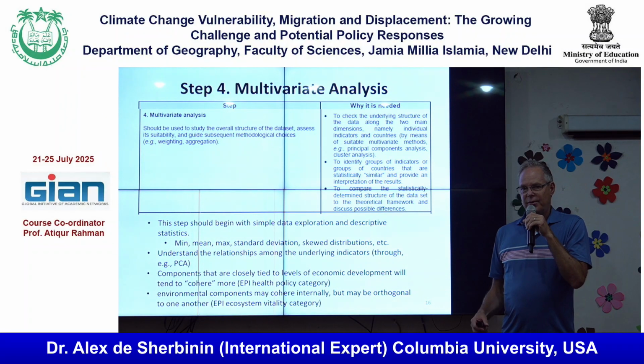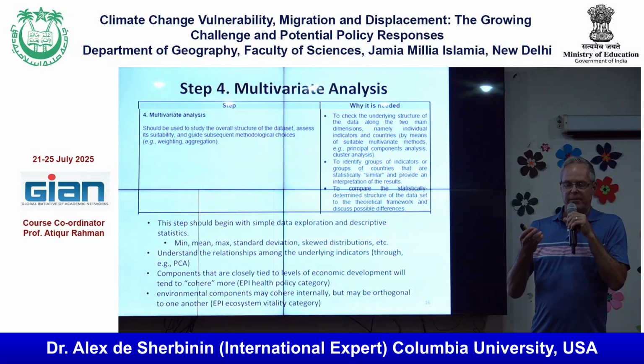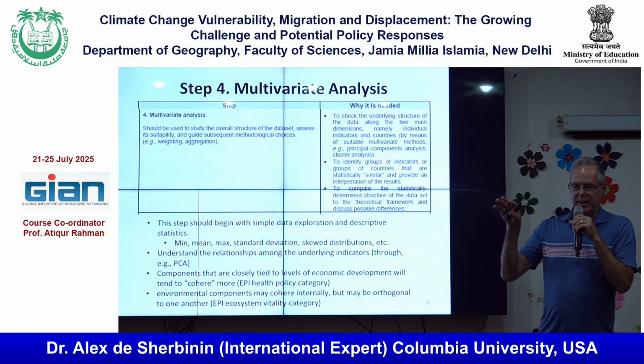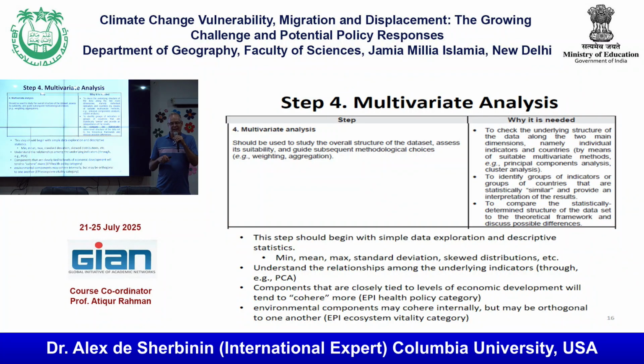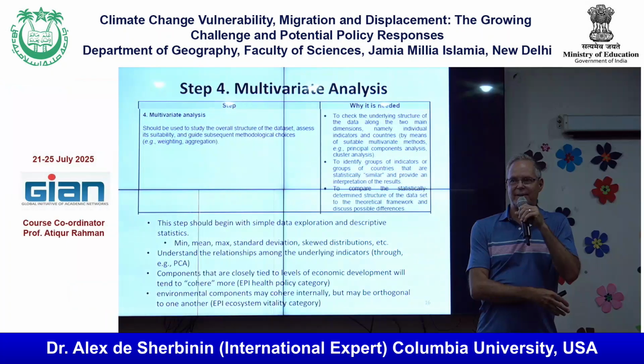But the environmental health sphere, that particular component of the EPI, a lot of the indicators are very coherent because they tend to have to do with levels of development. So things like air pollution levels, access to water and sanitation, lead exposure, all of those things tend to be pretty consistent with GDP. But in the environmental domain, you might have high deforestation rates, but low carbon dioxide emissions.